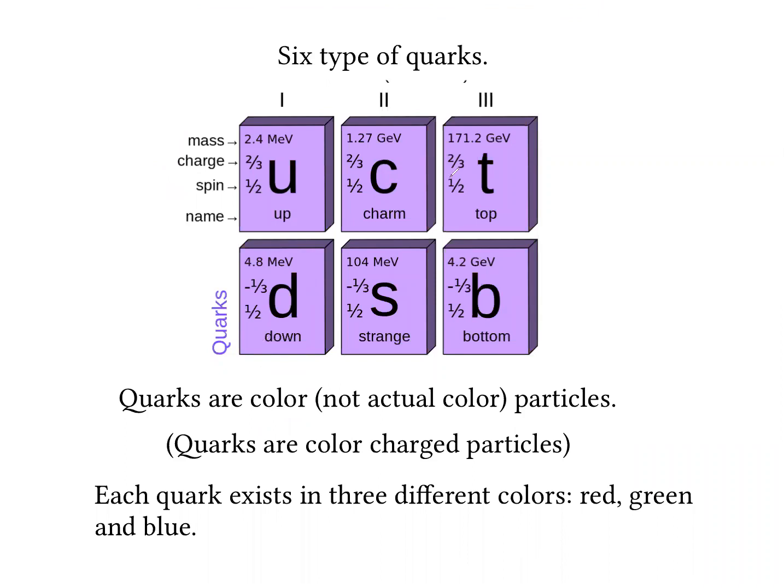So what does that mean? All these six quarks come in different colors, and color is just a name. It is not an actual color. They come in green, red, blue. So you have six quarks, each with three different colors. That means we have red up, green up, blue up, and so on for all six particles. The Dirac theory also shows that every particle has an antiparticle.